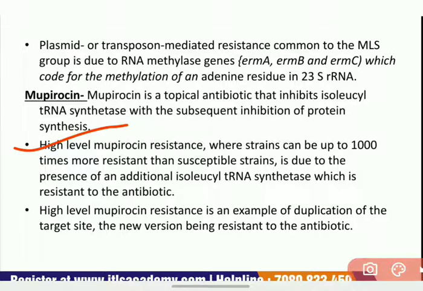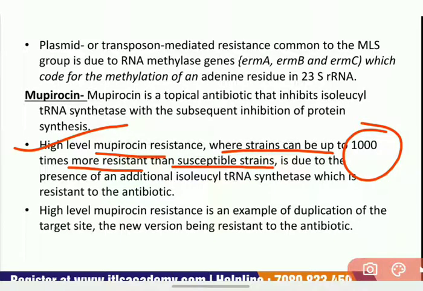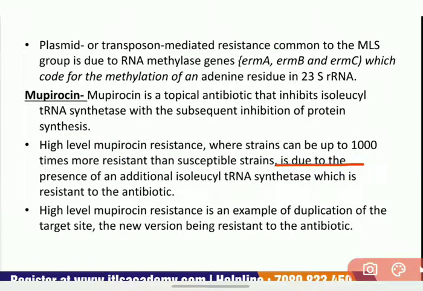High level mupirocin resistance, where strains can be up to 1000 times more resistant than susceptible strains, is due to the presence of an additional isoleucine tRNA synthetase which is resistant to the antibiotic.